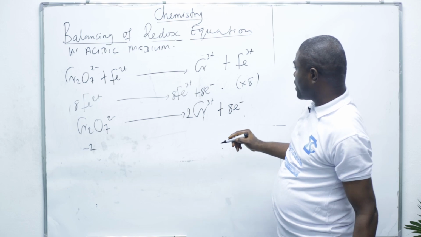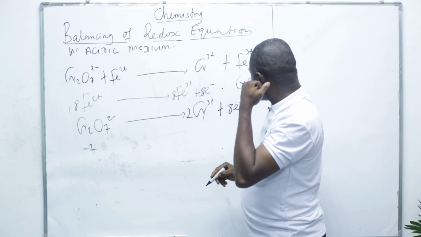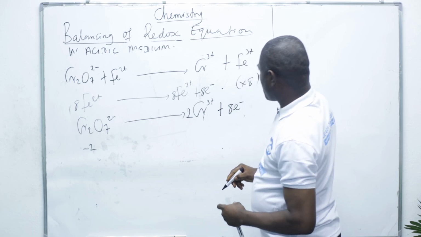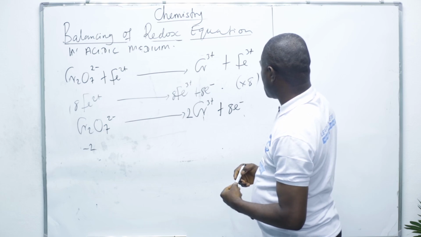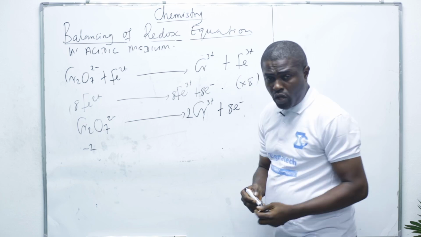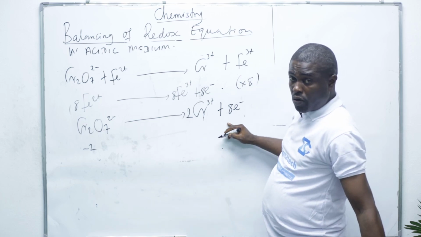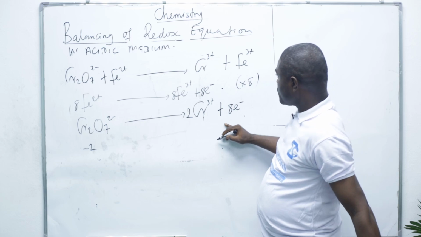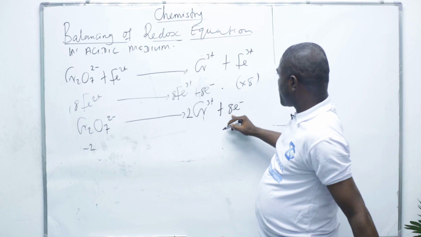The essence of doing that is to make sure that both sides give you an equal number of electrons. So what do I do now? Watch it critically. I have 8 electrons here, and I have 8 electrons here.